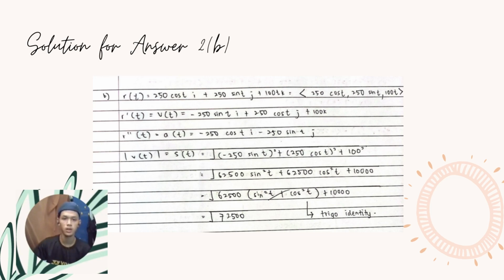Di sini kita dapat square root 62.500, kita harus factorizekan sin dengan cos, dalam kurungan sin kuasa 2t tambah cos kuasa 2t tambah 10,000. Apabila sin kuasa 2t tambah cos kuasa 2t sama dengan 1, jawapan akhir bagi speed ialah square root 72.500. Itu saja daripada saya. Sekian, terima kasih.